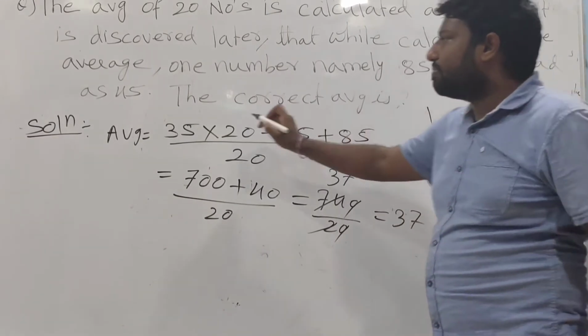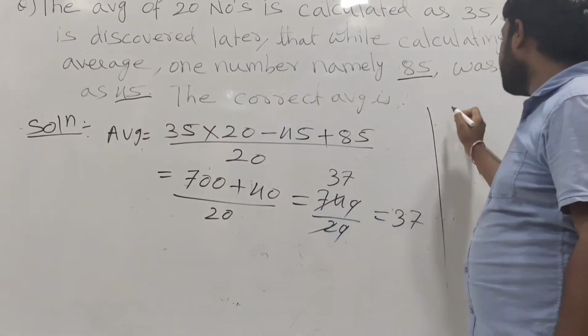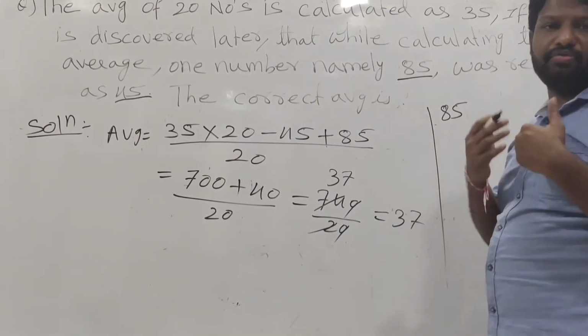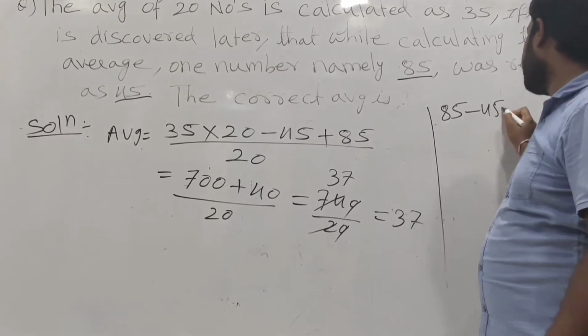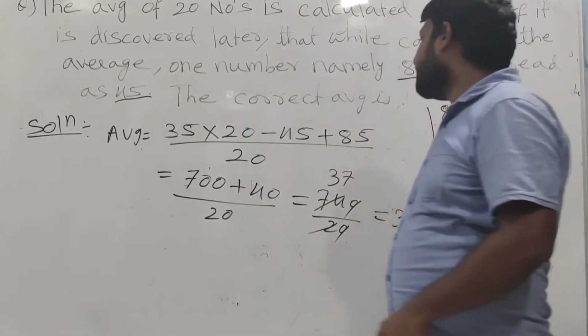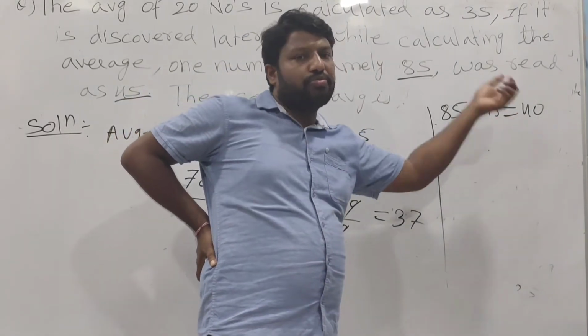So the actual value is how much? Actual value is 85, but you have taken 45. So how much more should it be? 40 more.